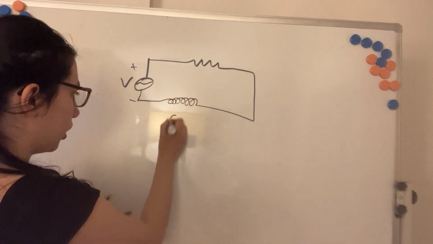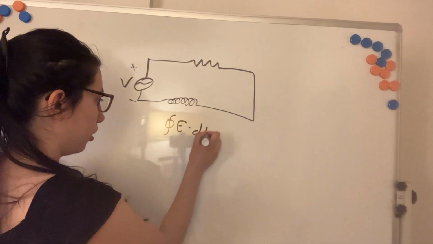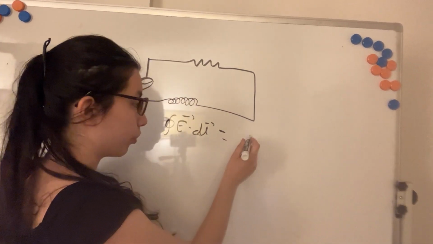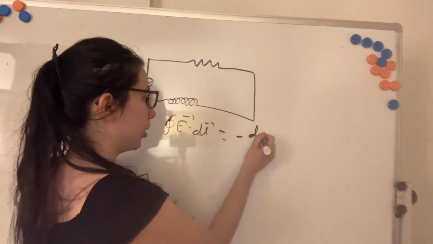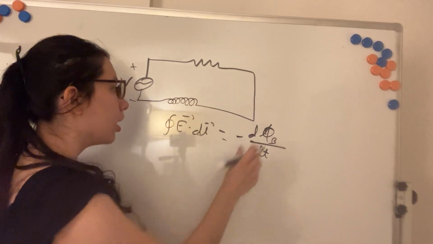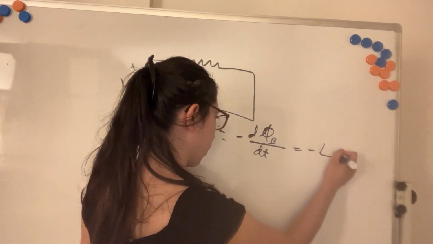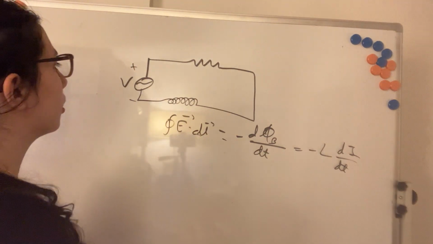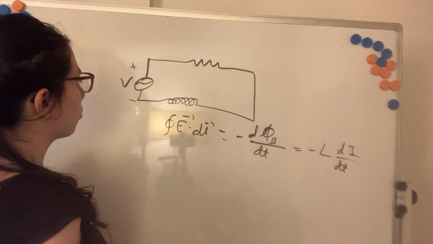The closed loop integral of E dot dl is equal to, by Faraday's law, not Kirchhoff's loop rule, the negative change in the magnetic flux with respect to time. This is just the negative of the self-inductance times dI/dt.